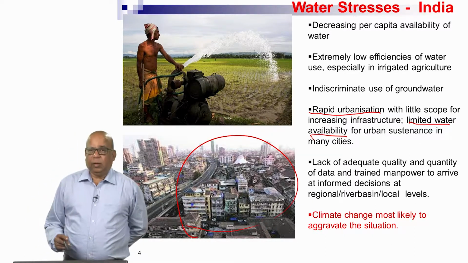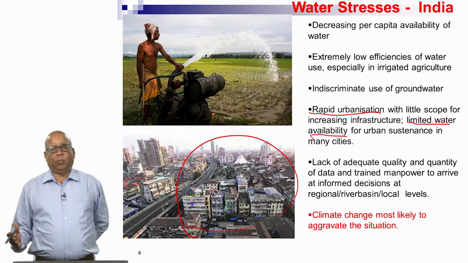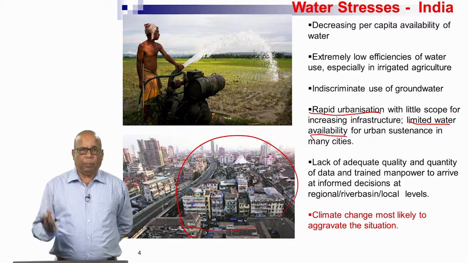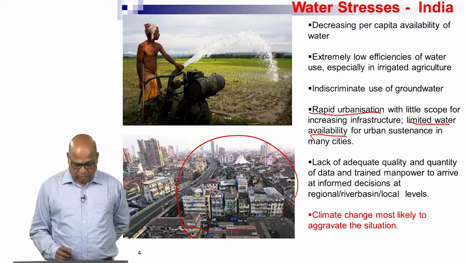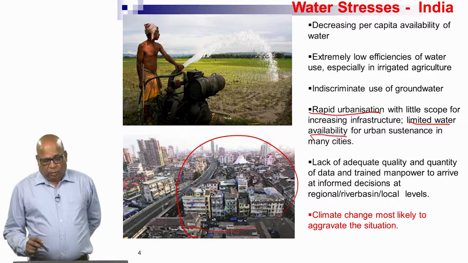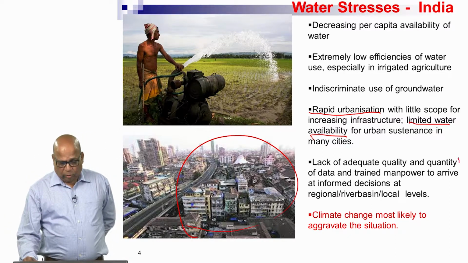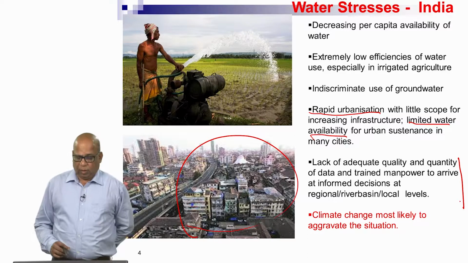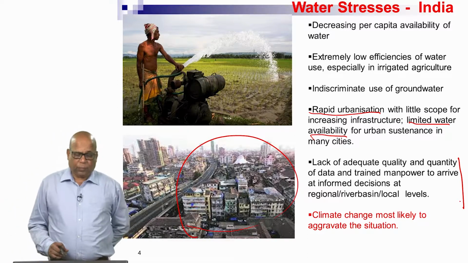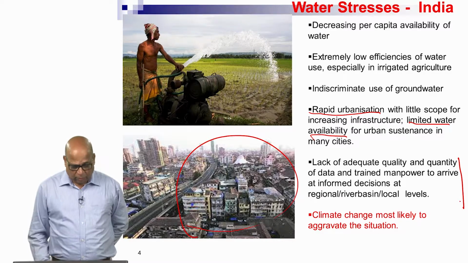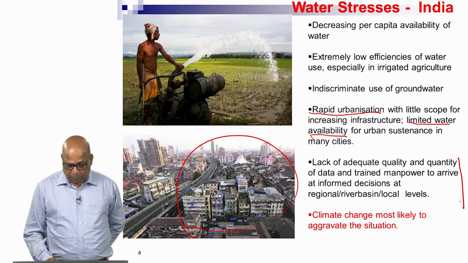In fact, in cities like Bangalore and all, we get water from as far away as about 80 to 100 kilometers with a huge energy related to pumping and so on. It is also important to see that the manpower available to understand these various issues in the country is extremely limited, and therefore, courses such as these should help in developing that kind of capacity in the country.